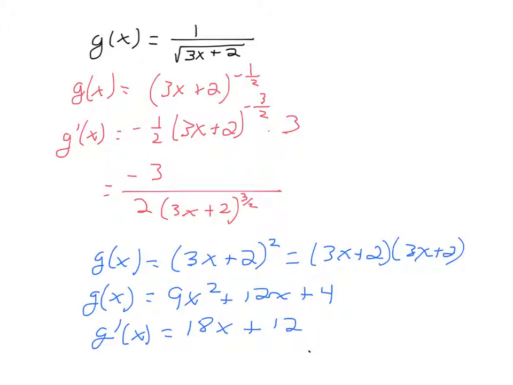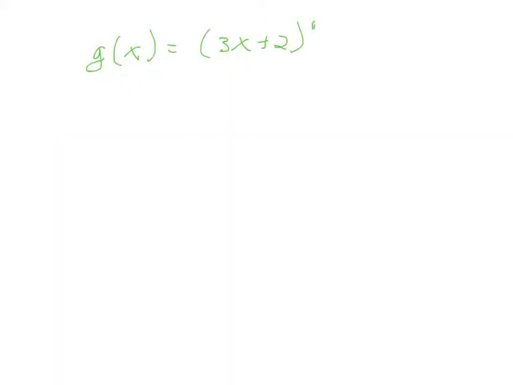But keep in mind, what if instead of being a square, what if that had been 3x plus 2 to the 6th power, all right? If that was the case, then we really would want to use the chain rule. Let's just take a quick look at that on the next slide. All right, so if it's 3x plus 2 to the 6th power, I don't want to expand that out and then use my power rule.